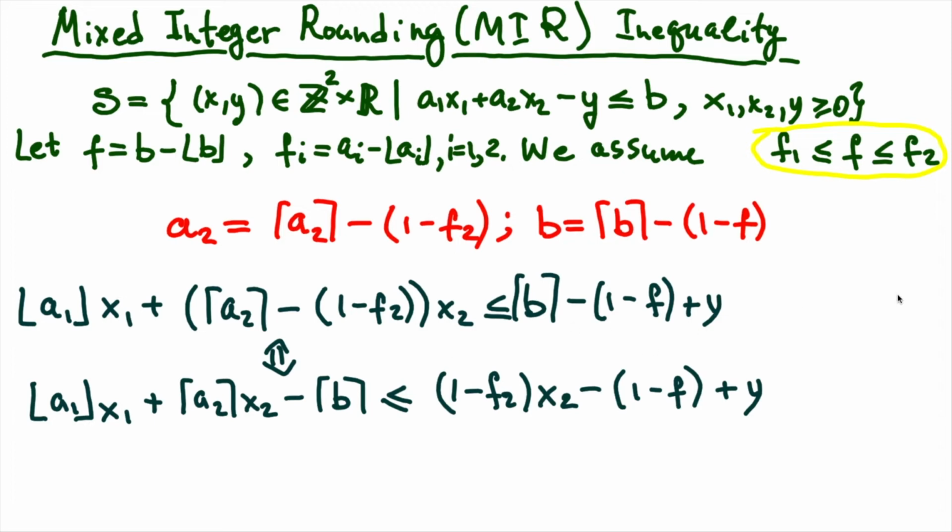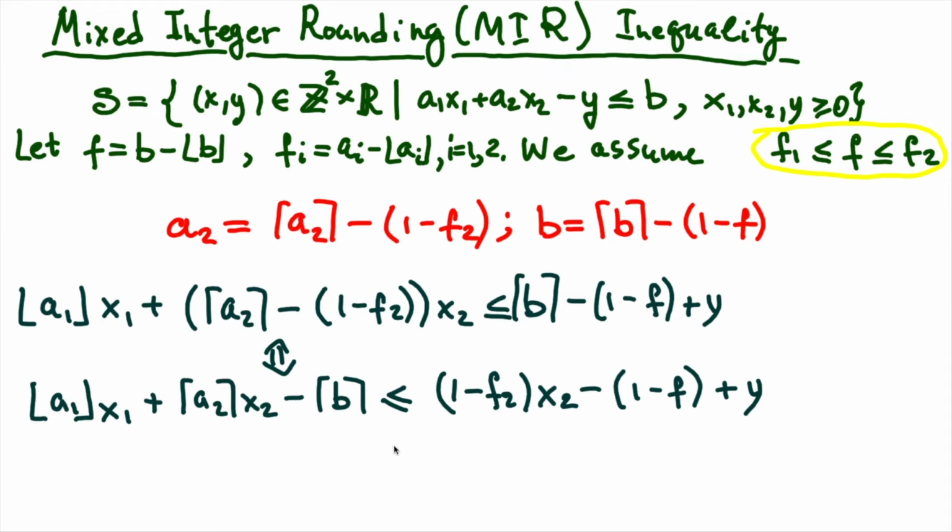Okay, so now we'll consider a couple of different possibilities. The first possibility will be when this left-hand side here is non-negative. When it is non-negative, if we multiply it by a positive scalar that is less than 1, then we will still obtain a valid inequality, because the left-hand side can only decrease, and this inequality will still hold.